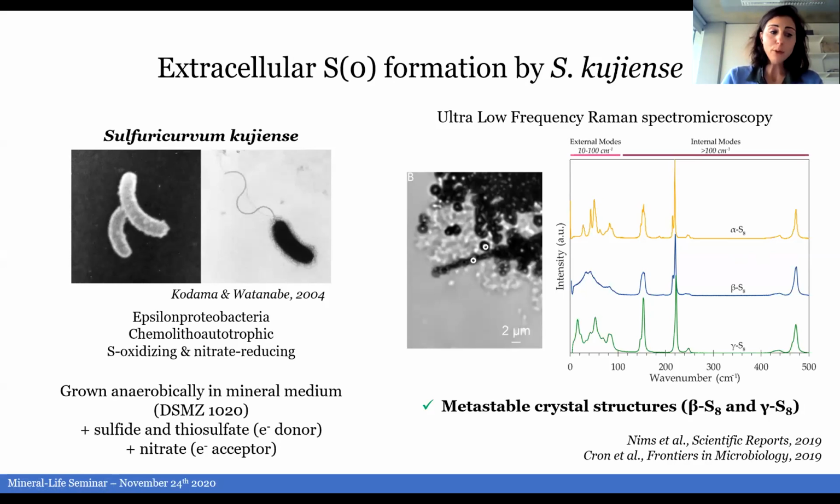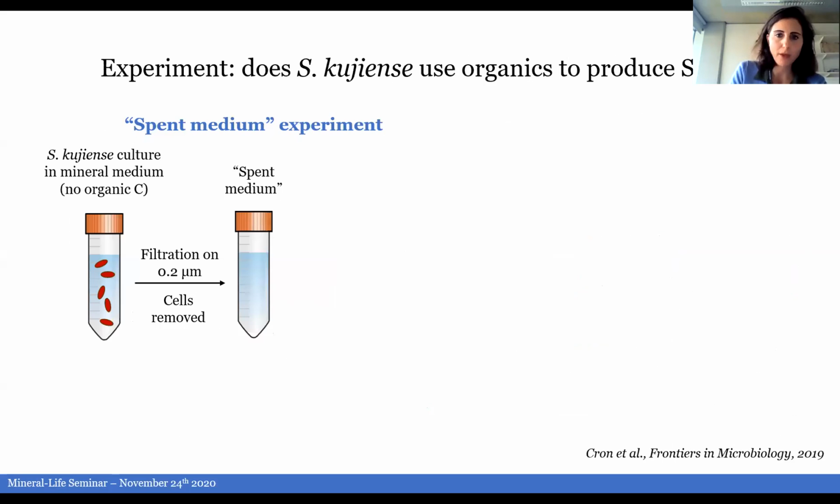So here we're finding the properties of organomineralized sulfur, which suggests that organics are important for stabilizing the minerals produced by these microbes. So this is a strong suggestion. This is not a demonstration. The demonstration comes with the next experiment.